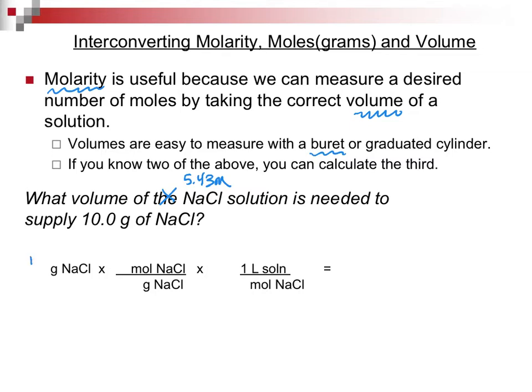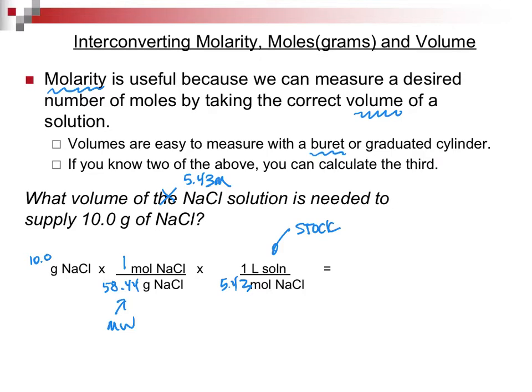Well, it says that I want 10 grams of sodium chloride, and I know 1 mole of NaCl is 58.44 grams. I'm using the molecular weight, and now what I'm going to use is the concentration of the stock solution: 5.43 moles for every liter of NaCl.